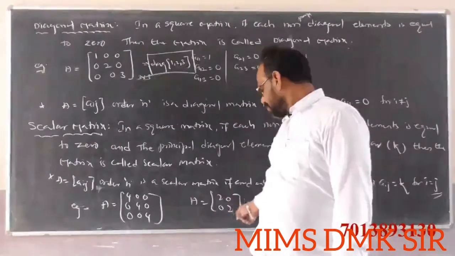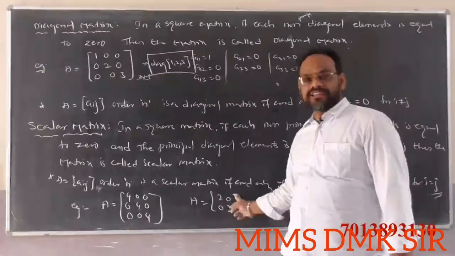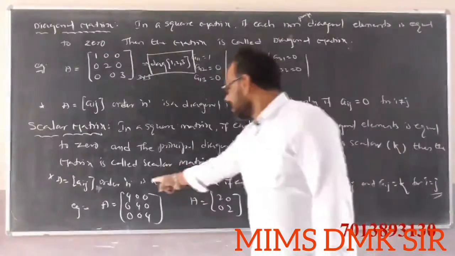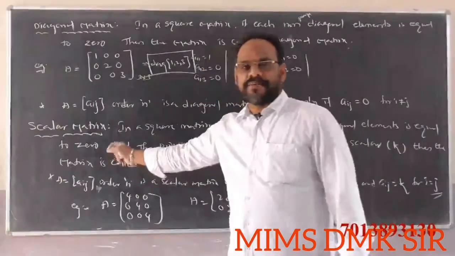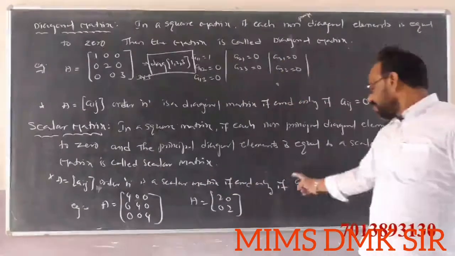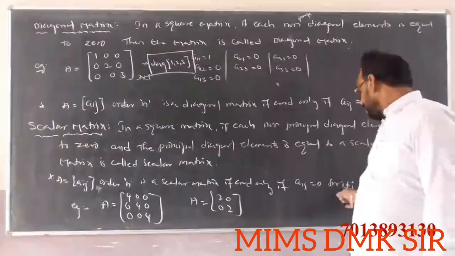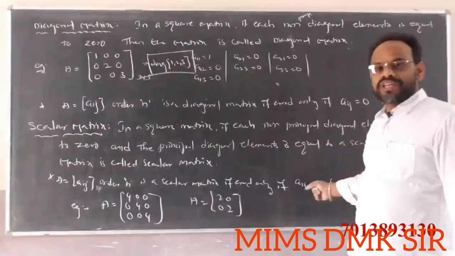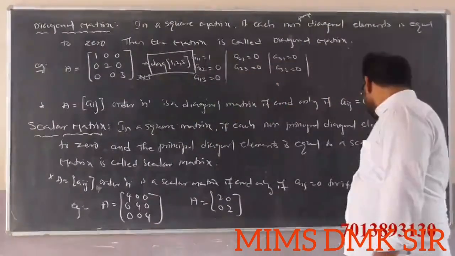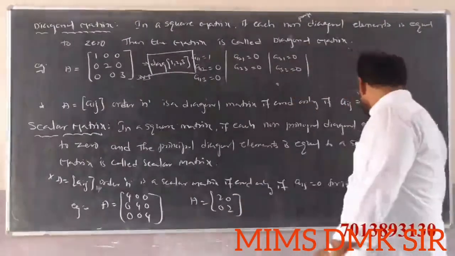This is 2, 0, 0, 2. Here the non-principal diagonal elements are zeros. Then the matrix is called a scalar matrix. Observe here: a matrix a_ij is called a scalar matrix if a_ij is 0 for i not equal to j, and a_ij equals some constant for i equal to j.